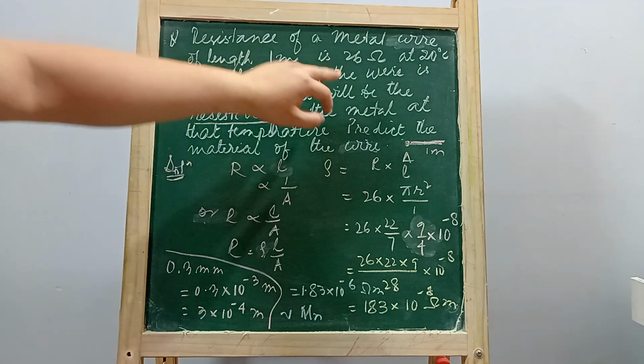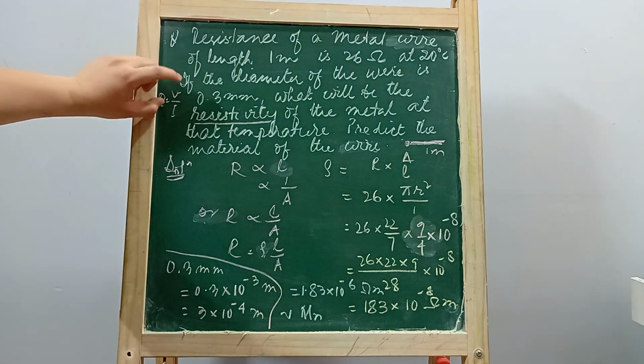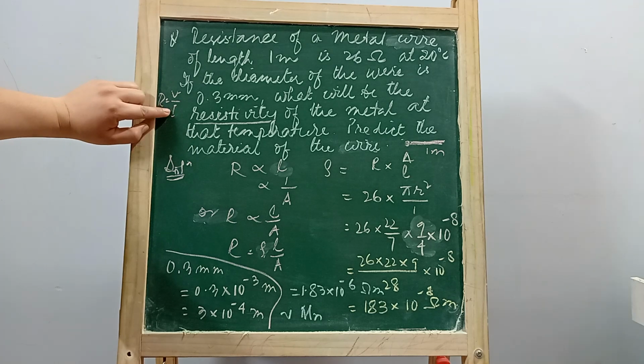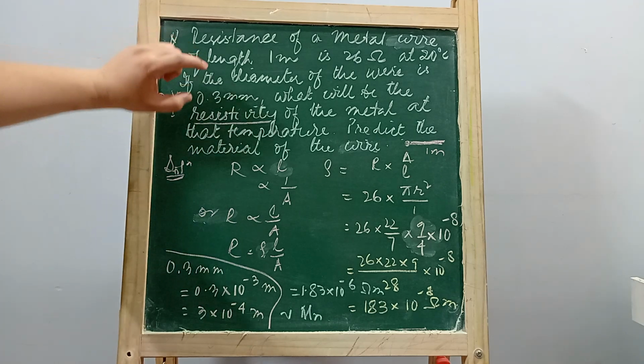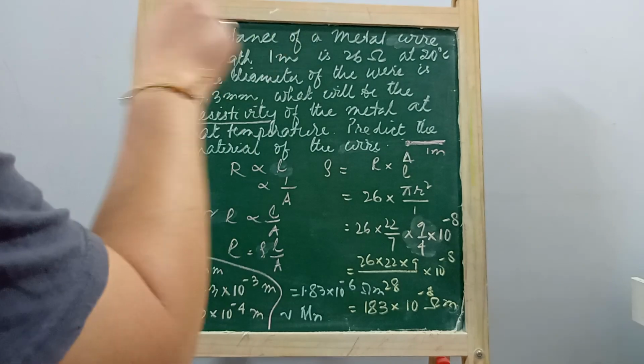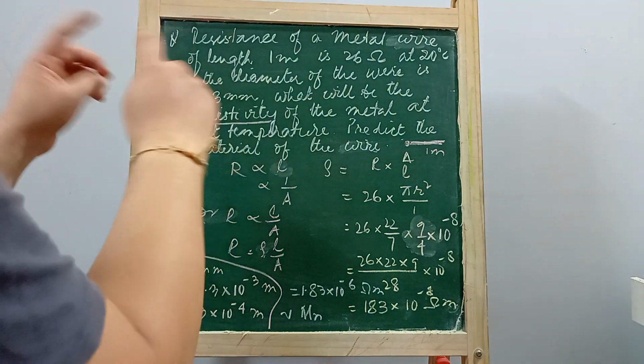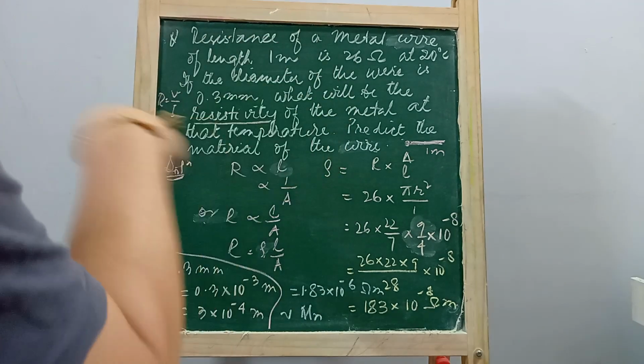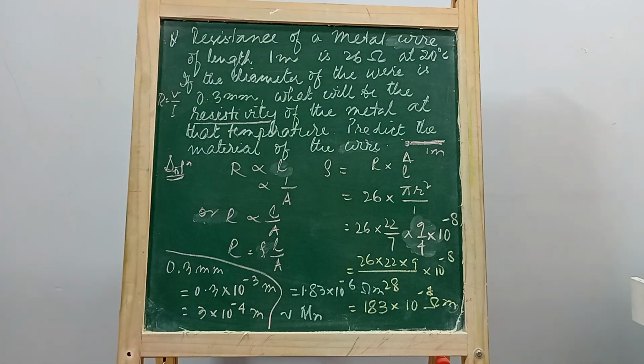Potential difference. So resistance is 26 ohm. It means that when you maintain a potential difference of 26 volt, a current of 1 ampere will flow through the wire. That's what it means.